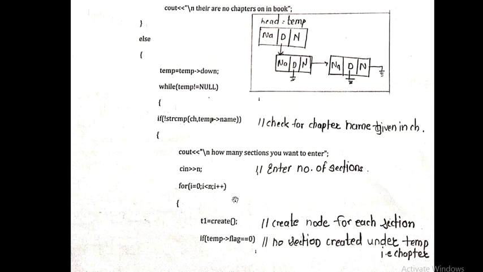Else, if the flag is already set to 1, meaning sections are already available, then what we have to do is the same as with the chapters: move toward the next sections until we get the null pointer. Until then we have to traverse that linked list of sections, and once we get the null field, we insert the node over there.